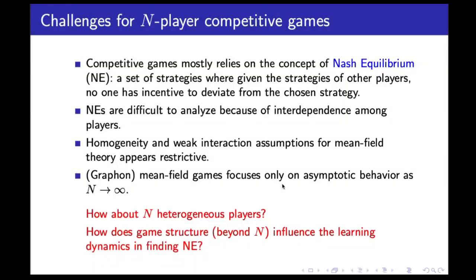Also, beyond looking just at the number of players, can other game structures, like the state transitions or utility structure, influence your learning dynamics when you're trying to find the Nash equilibrium? Those are some key questions we try to answer in this work.